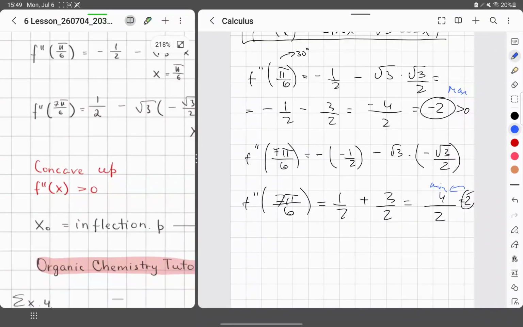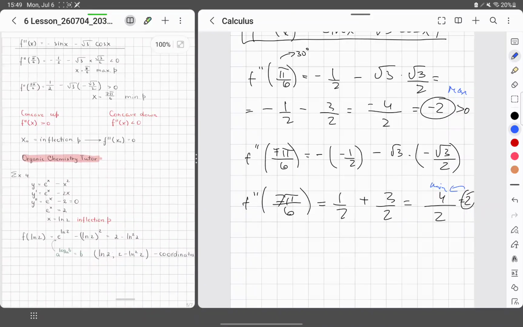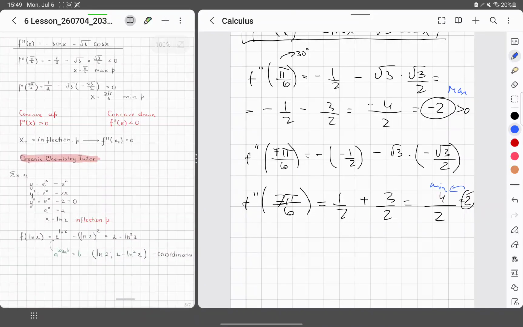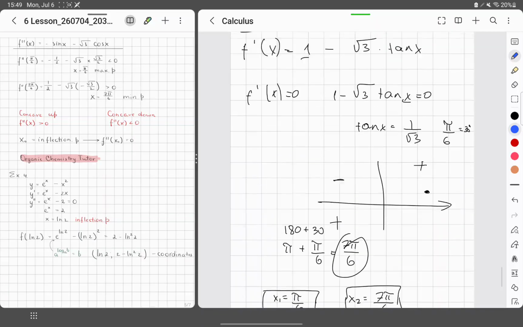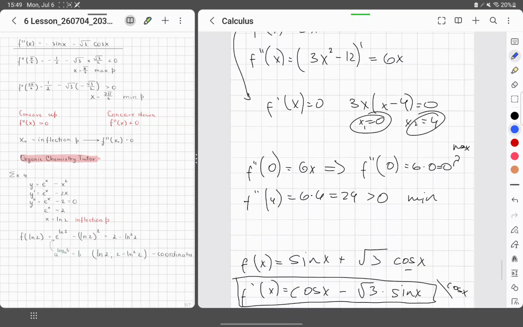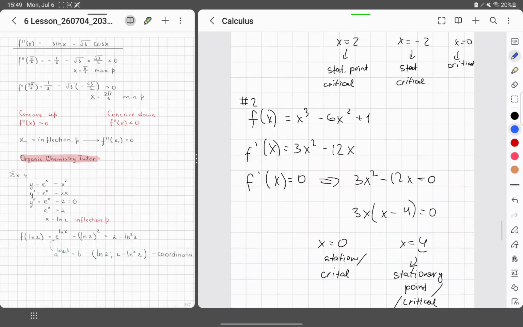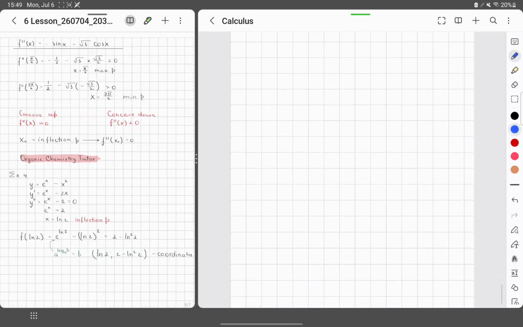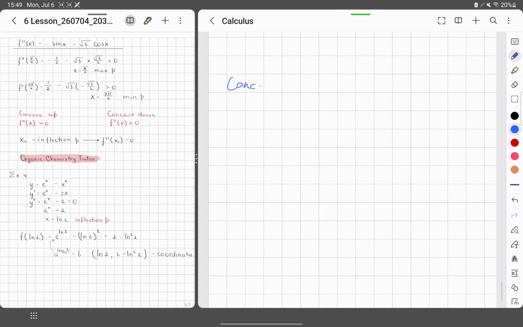Okay, and we have concave up and concave down. It was a little bit complicated for me, so that's why I'm gonna use YouTube. Oh my gosh, that's my calculus notes here.